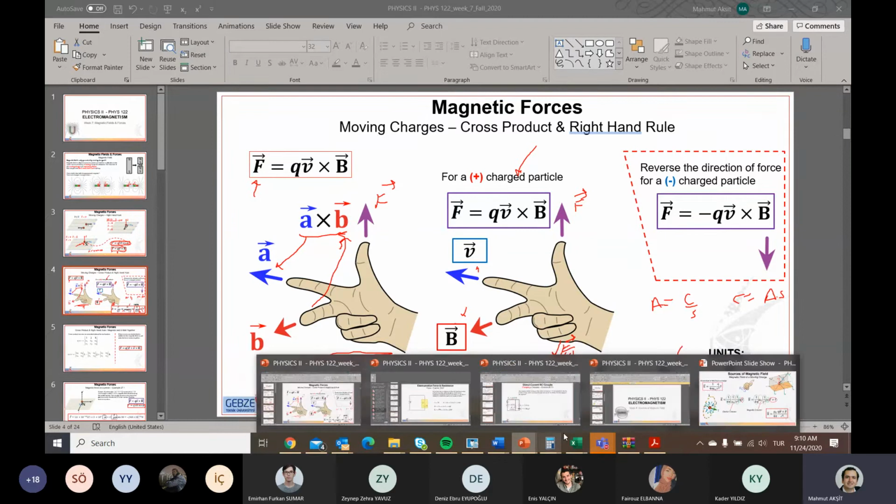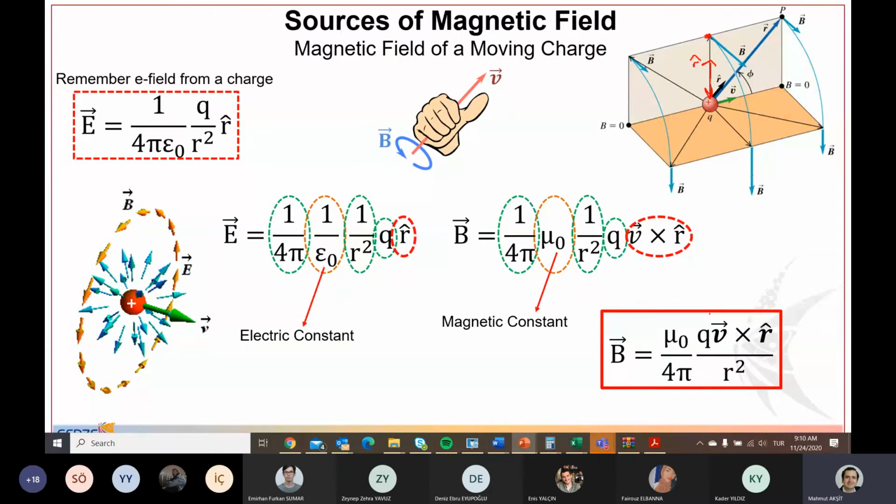So the first vector is velocity, showing this direction. The second vector is the r vector, which is your middle finger. Then the magnetic field will be showing in this direction.